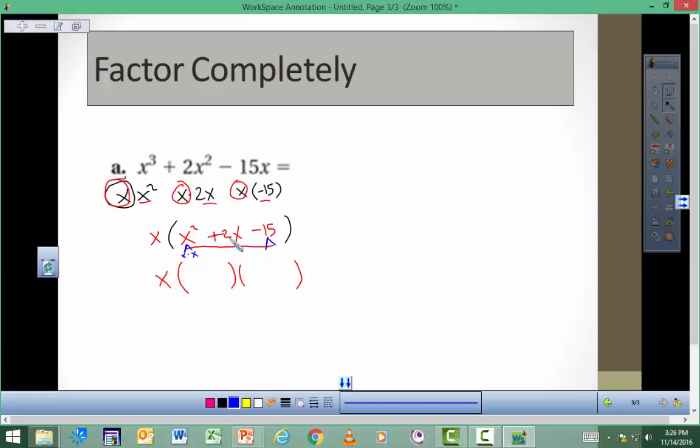And two factors here that would give us the middle term are probably, well, 5 and negative 3. So it turns out that this trinomial factors to x plus 5 and then x minus 3. So now that's what's meant by factoring completely. Every one of the factors is like a prime factor.